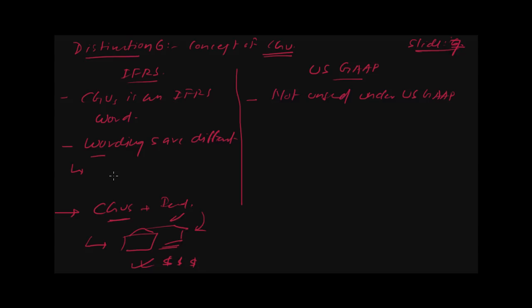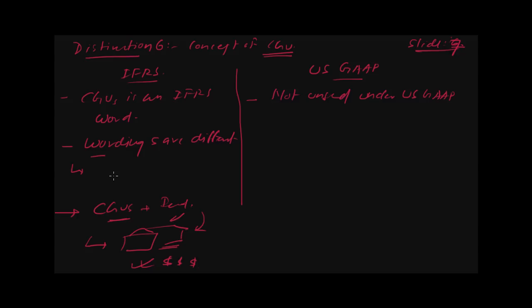That is the main concept of IFRS, and what IFRS does is compare the recoverable amount of the CGUs with the carrying amount of the CGU and allocate the impairment losses. But in US GAAP, there is primarily no concept of CGU.